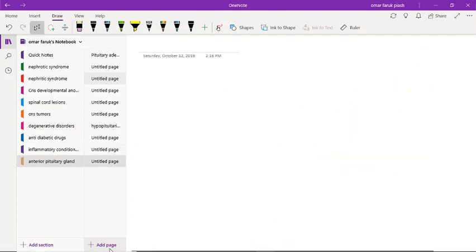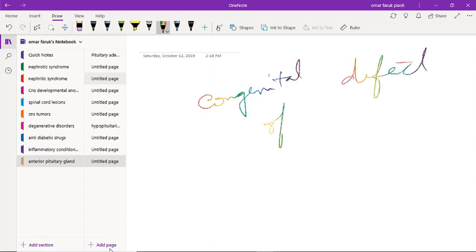Now last is empty sella syndrome. In empty sella syndrome, there is a congenital defect of the sella.